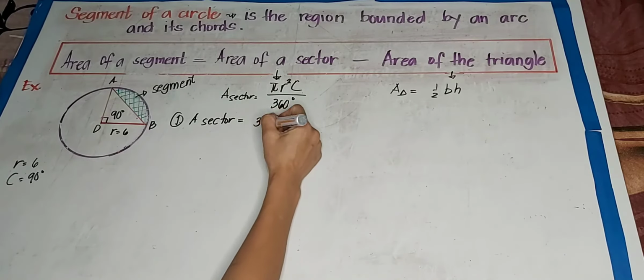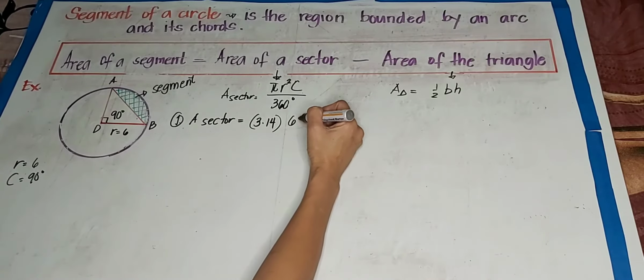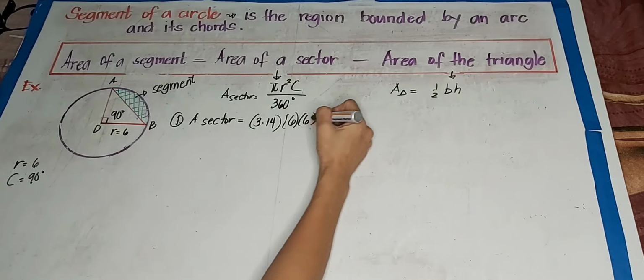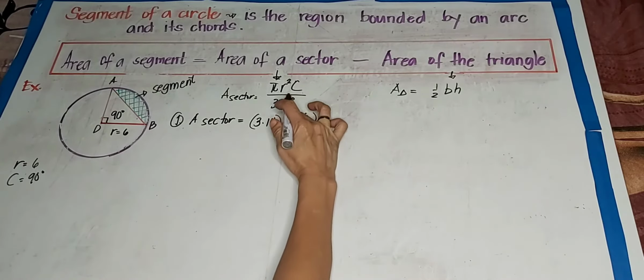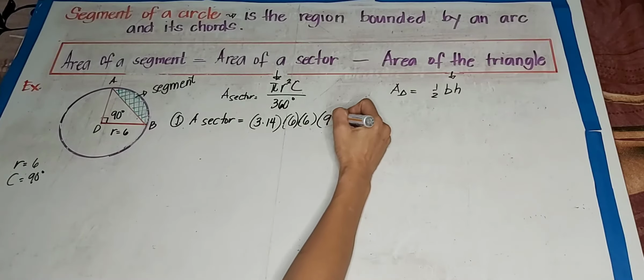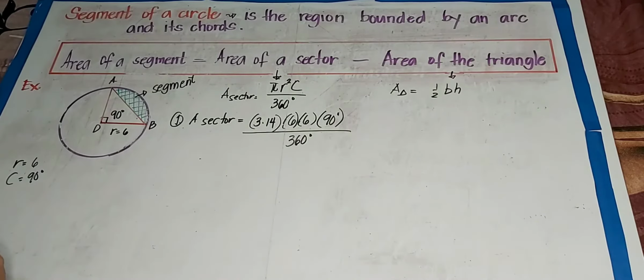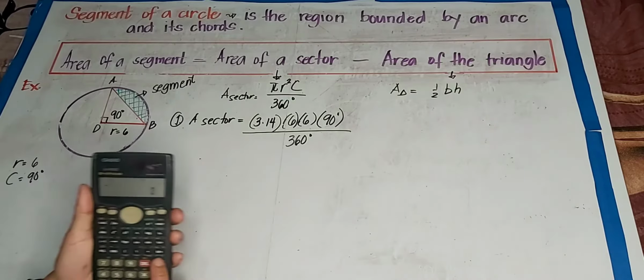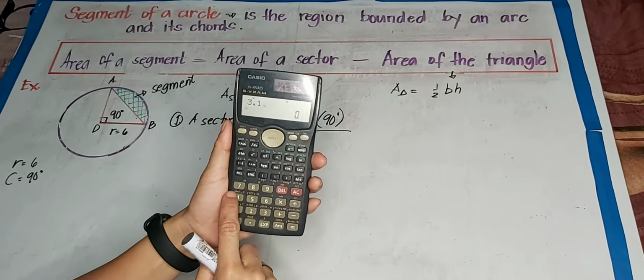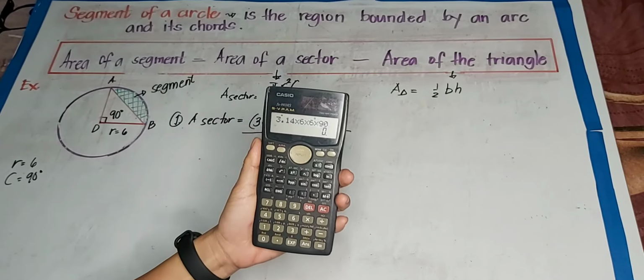So, 3.14 times radius na 6, so that's 6 squared or 6 times 6, times 90 divided by 360 degrees. So, let's do the calculation. 3.14 times 6 times 6 times 90.